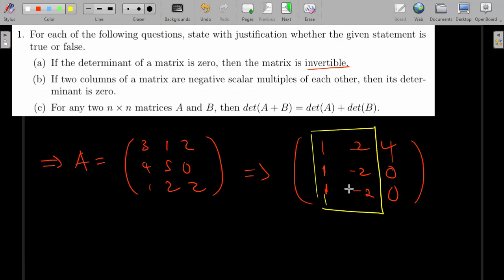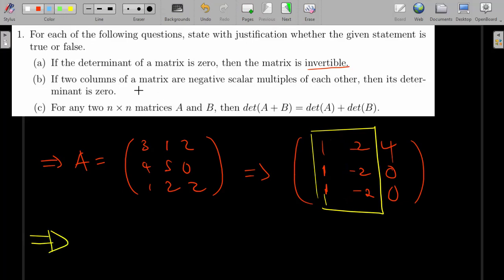When we reduce it to row echelon form, these columns are going to end up being zeros, because when we apply column operations, we can make this column 0. If one of the columns or rows is 0, then the determinant is 0.